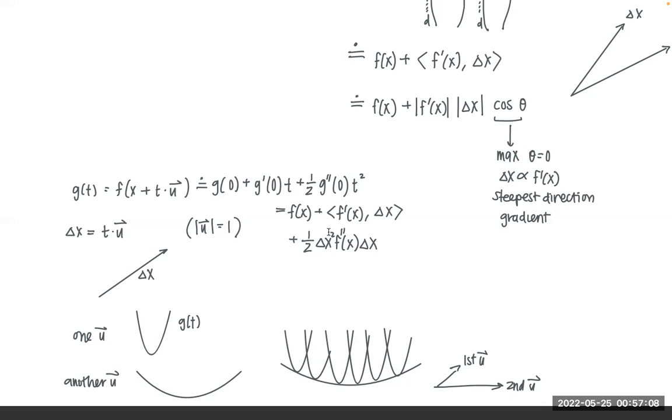Sometimes people call this the Hessian matrix, and people call the gradient the score. For this Hessian matrix, we see that the second order term is in the form of a so-called quadratic form: delta x transpose, a Hessian matrix, which is symmetric, times delta x.